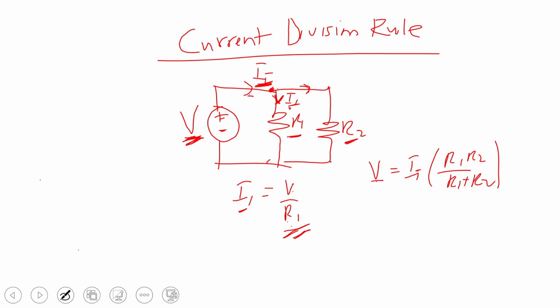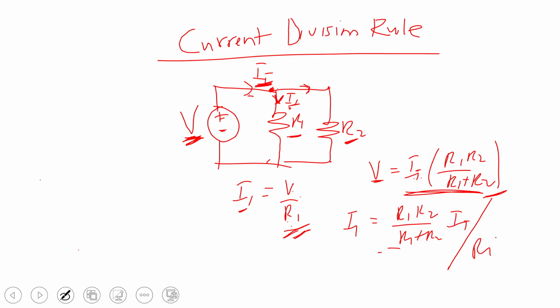Now, realize that the total voltage is IT times the total resistance, which is here. So it means that I1 actually is the total voltage, which is R1 R2 over R1 plus R2 times IT, all over R1. So realize that R1 cancels one of the R1. We are going to get I1 to be equal to R2 over R1 plus R2 times IT.